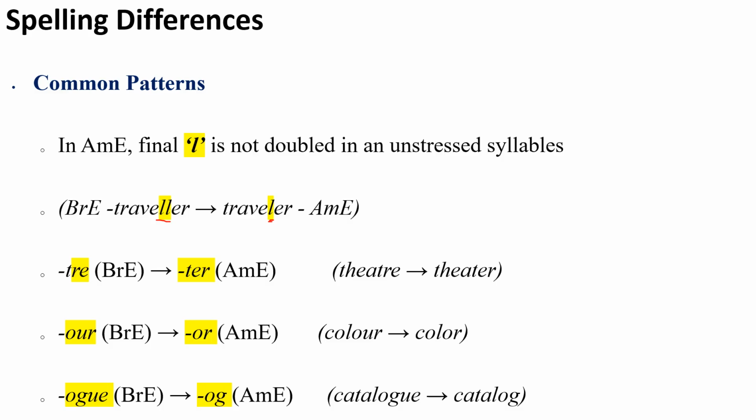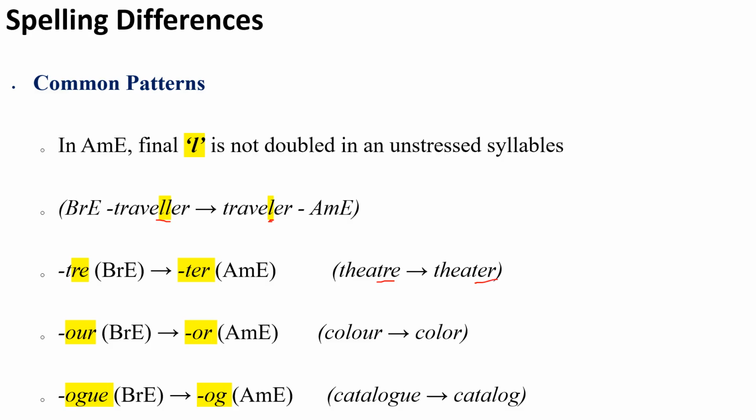Next, some words end in ter in American and in tre in British. For example, theatre ends in tre, whereas in American English it is ter, theater.